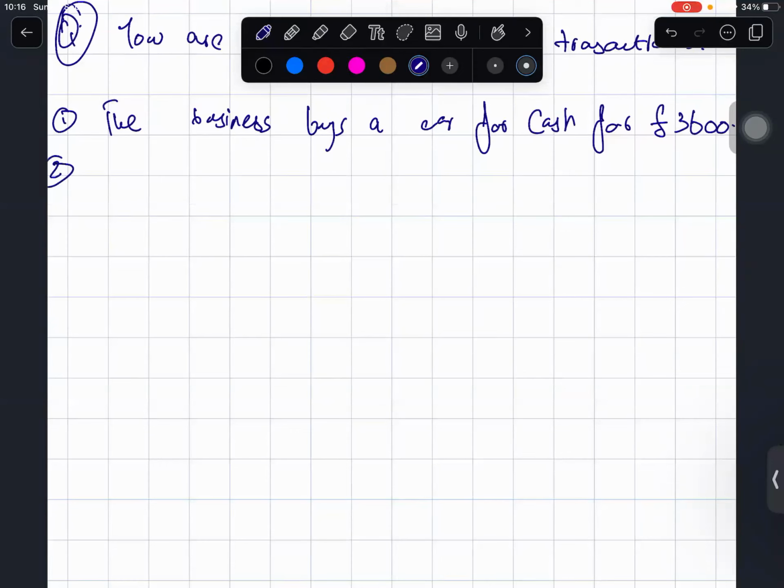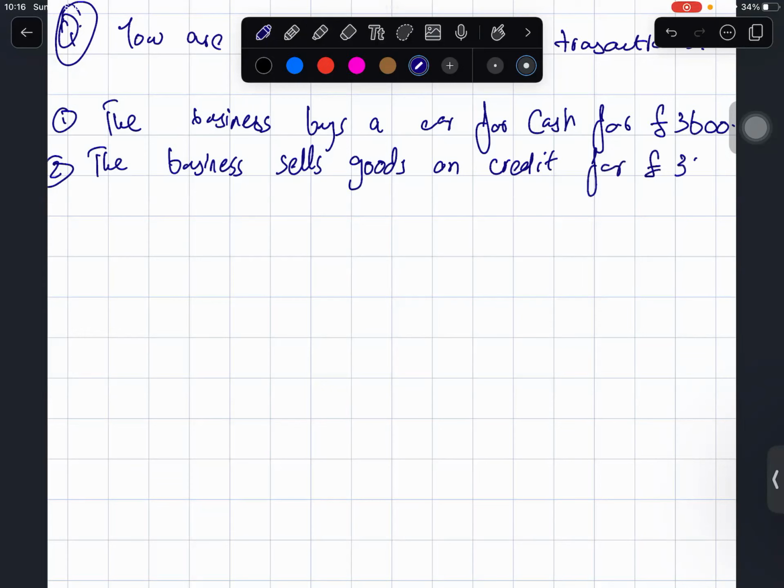And the second one is the business sells goods on credit for pound 320.